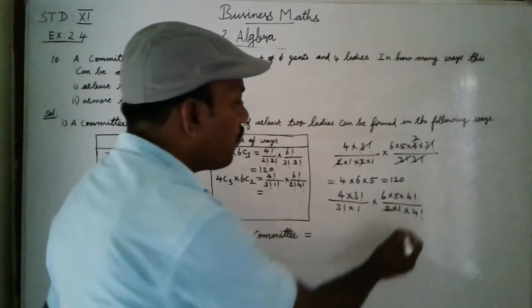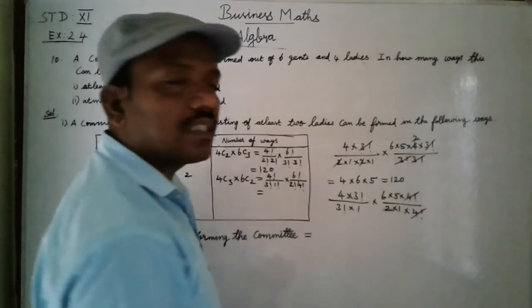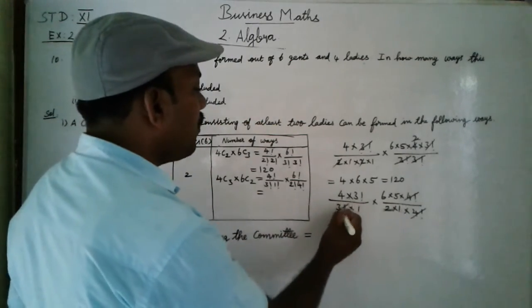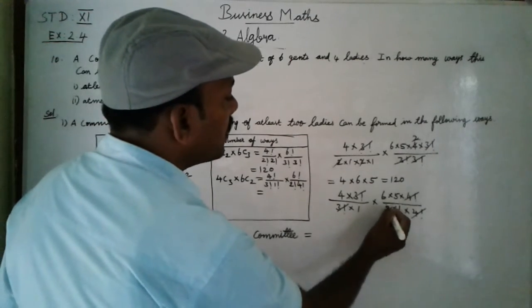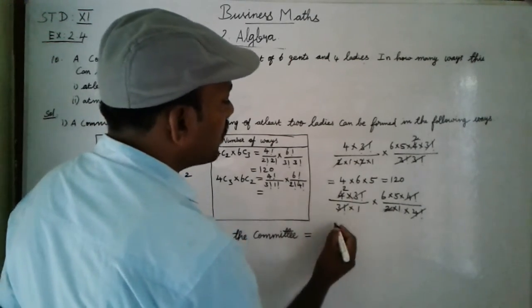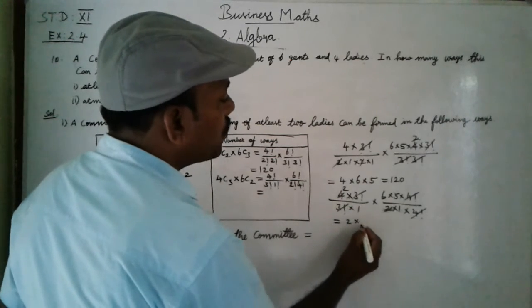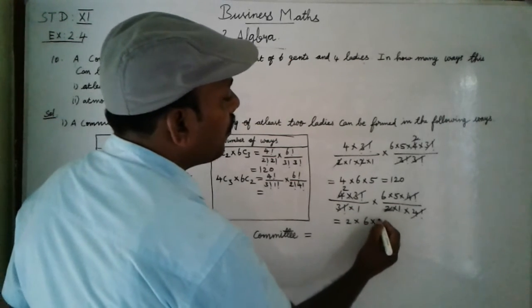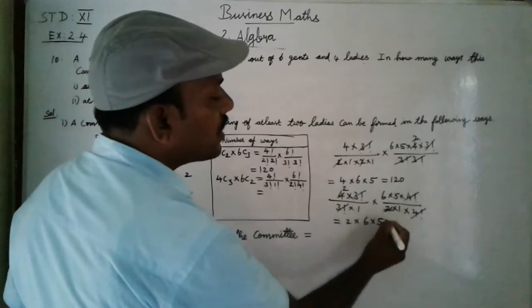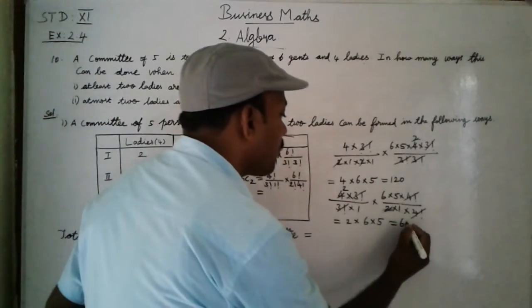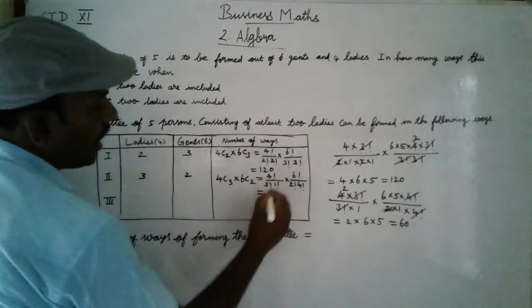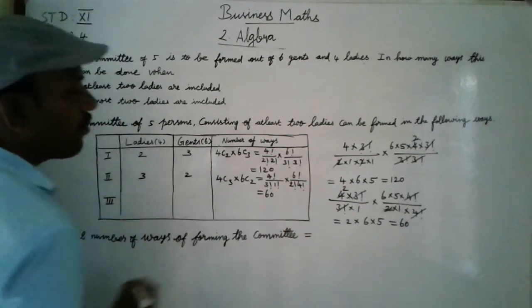Now 4 factorial cancels, next 3 factorial cancels. 2 and 4 is cancelled 2 times. So 2 into 6 into 5. 6 fives are 30, 30 into 2 is 60. So its value is 60.